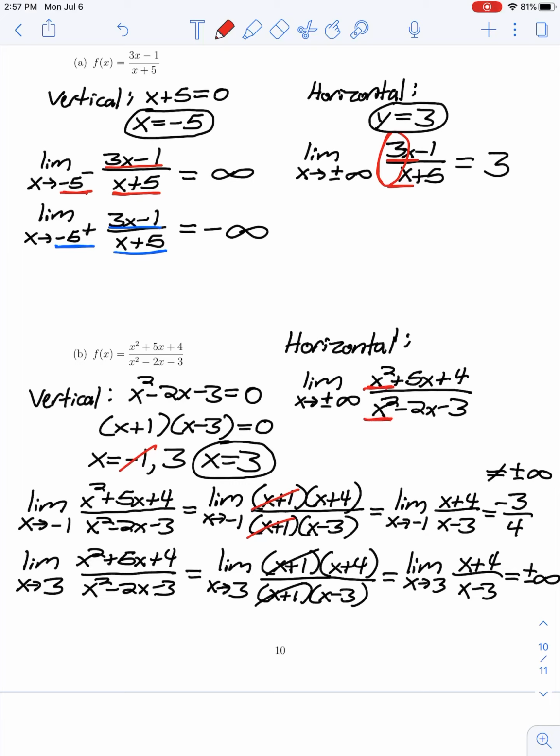Therefore, by our earlier discussion, the limiting value would be the ratio of the coefficients for those highest powers. So that is 1x squared divided by 1x squared, which is 1. So here we have a horizontal asymptote of y equals 1.